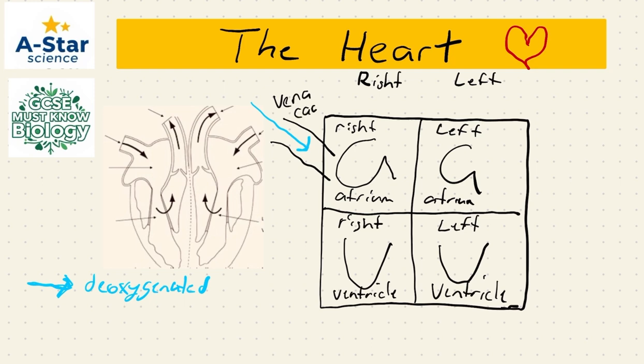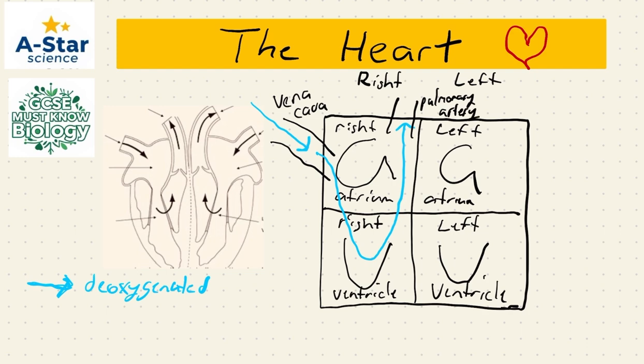Vena cava. And this deoxygenated blood enters the heart down to the ventricle, back up and out of the heart. It exits the heart through something called the pulmonary artery.